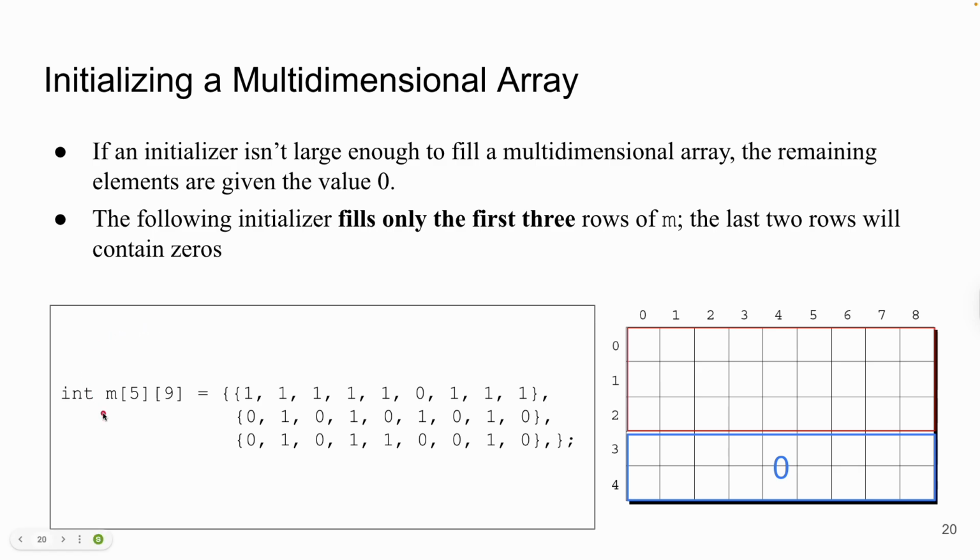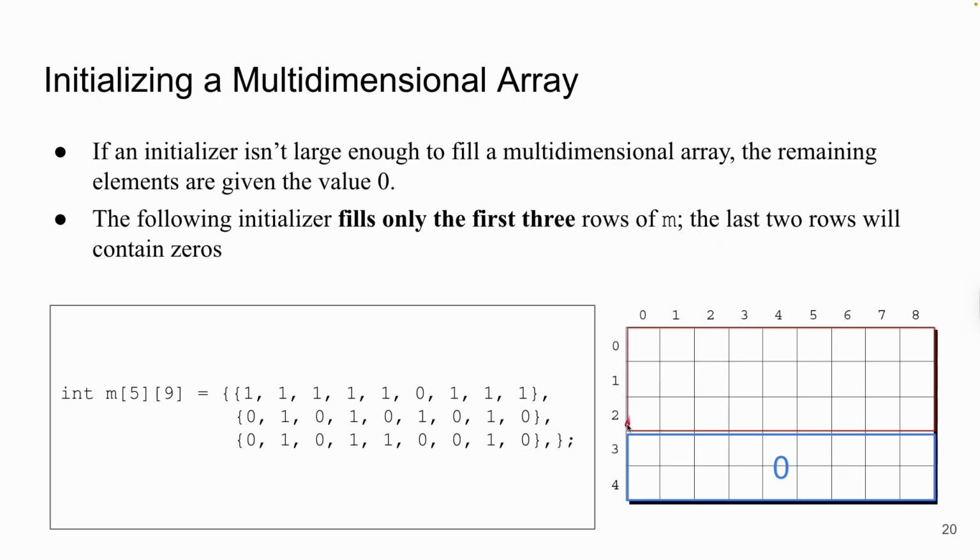In this example, we have the same 2D array M, but you can check out in the initializer here, I only provide the initializer for the first 3 rows, right? So what will happen here is that only the first 3 rows of M will be initialized.